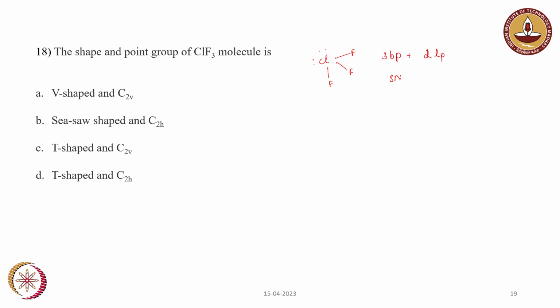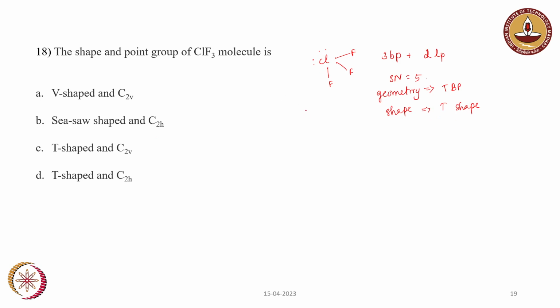So the steric number is 5, and steric number 5 means the geometry is trigonal bipyramidal, but the shape is T shape because two of the lone pairs will be placed on the equatorial plane.